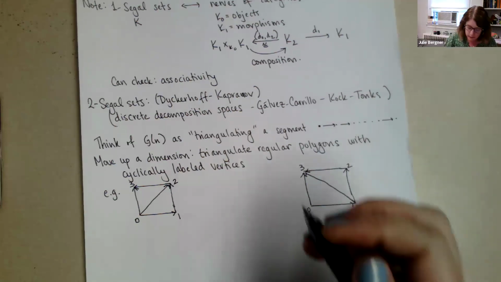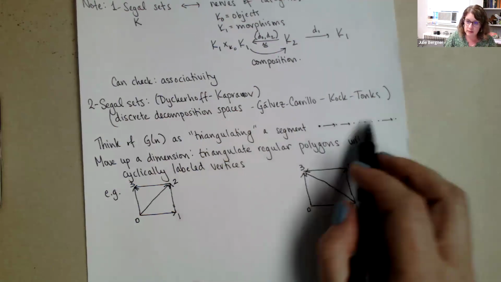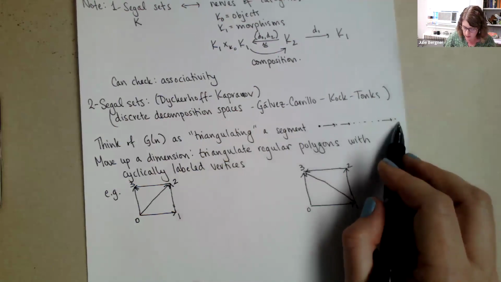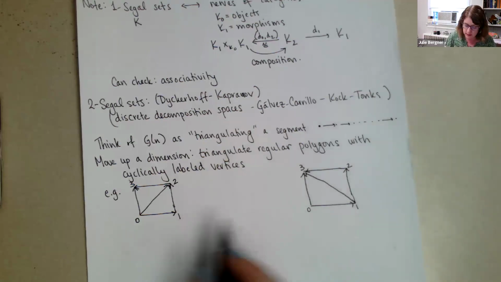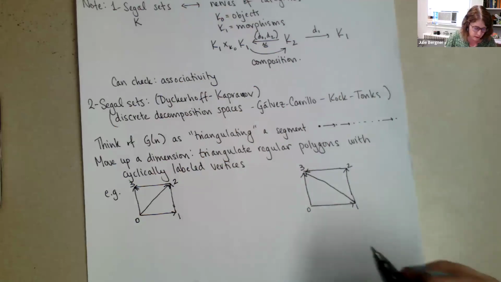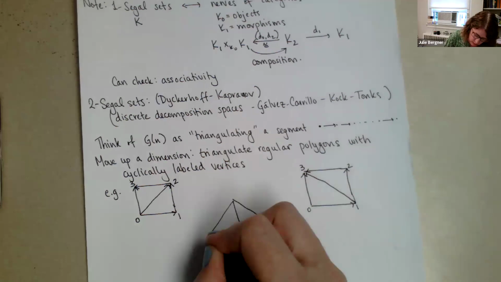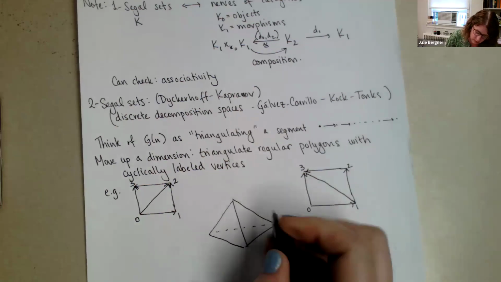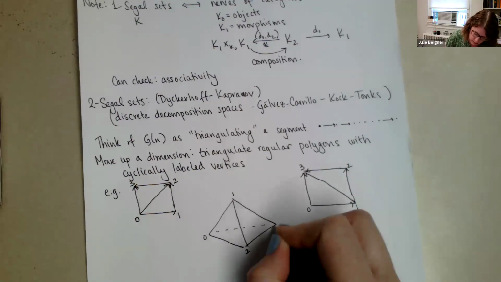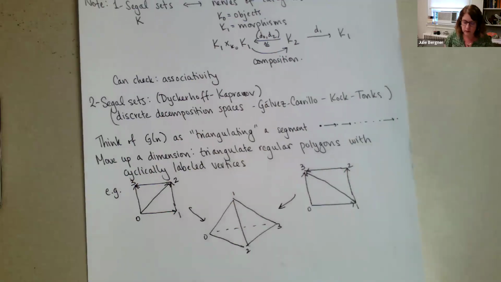And now, just as these things include into higher simplices, in this case, these are both giving you a pair of faces of a 3 simplex. So these both include here.